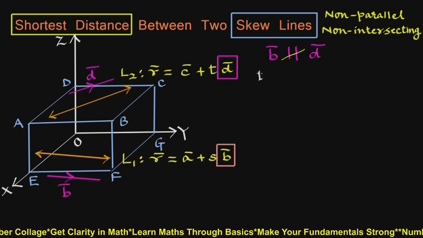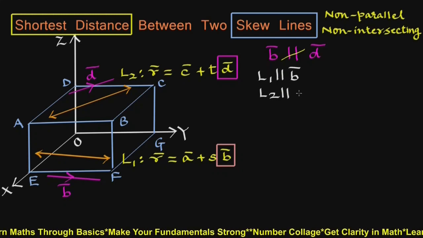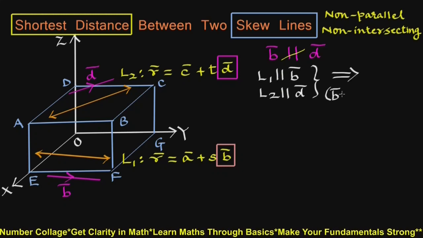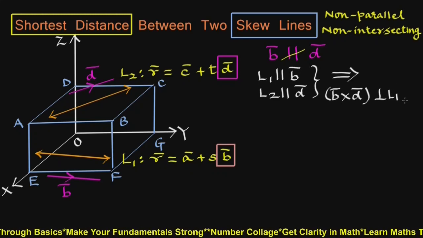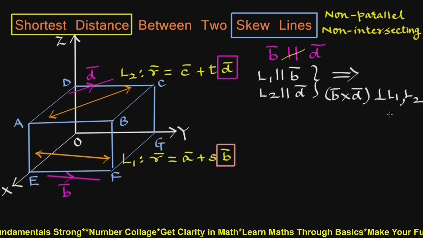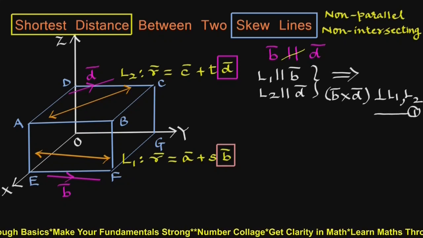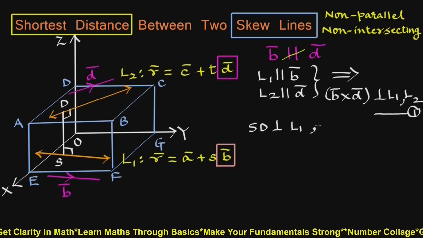Now L1 is parallel to B bar and L2 is parallel to D bar, which implies that the cross product of B bar and D bar is perpendicular to L1 and L2. We name this 1.